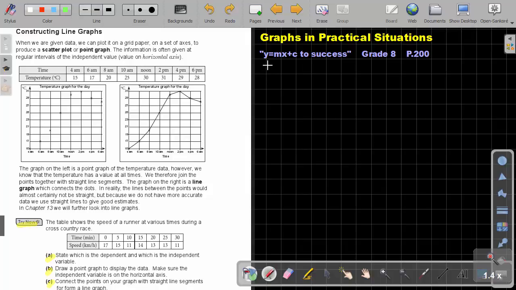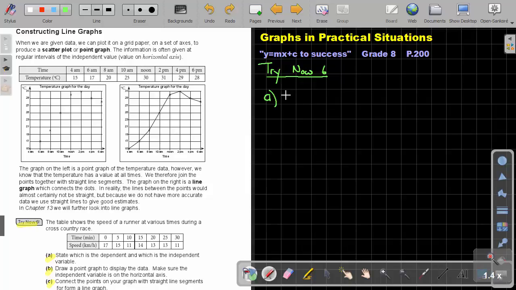Okay, let's start. Try Now 6. Let's start with number A. The table shows the speed of a runner at various times during a cross-country race. State which is the dependent and which is the independent variable.